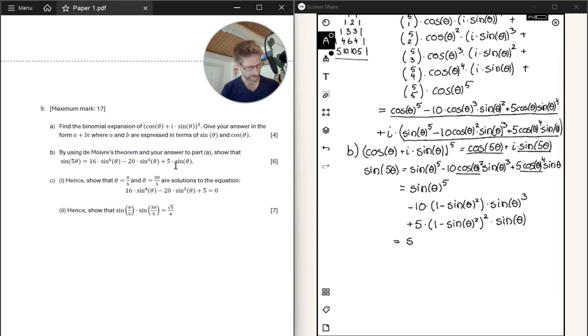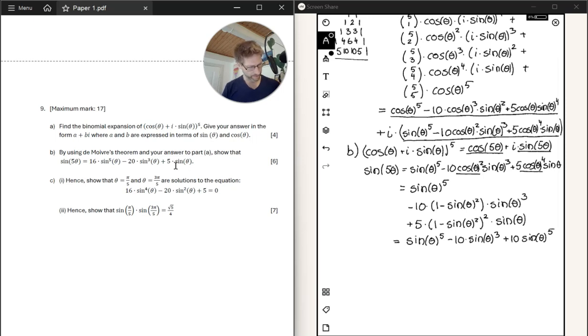And these, well, the first one is just directly expandable, so we get sine of theta to the 5, then we get minus 10 sine of theta cubed from multiplying this with minus 10 and the 1, then we get minus 10 times minus sine squared, that's plus 10 times sine of theta squared times sine of theta cubed, that's sine of theta to the 5.